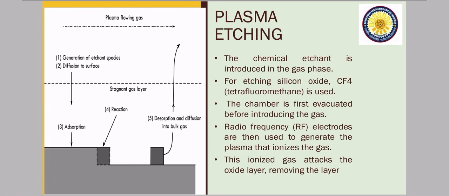So these are the 5 steps given in this diagram here. The first one being the generation of your etchant species, second one being the diffusion to the surface, third one being the adsorption towards the surface, the fourth one being the reaction, and the fifth one being desorption and diffusion into the bulk of gases, which is basically the removal of your undesired layer.